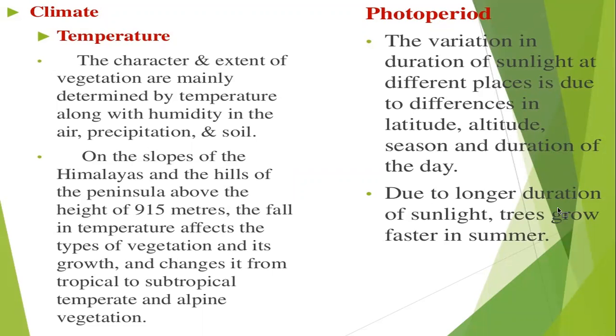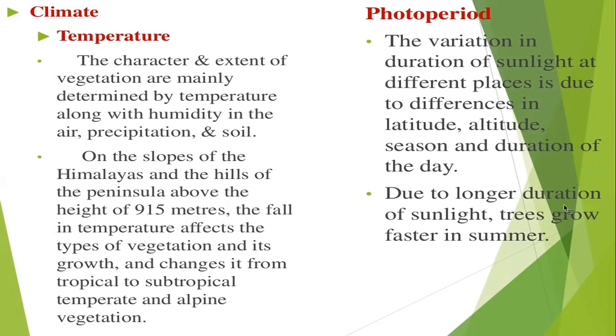On the slopes of the Himalayas and the hills of the peninsula above the height of 915 meters, the fall in the temperature affects the types of vegetation and its growth, and it changes from tropical to subtropical, temperate and alpine vegetation. So, even the temperature of the areas plays a very important role in the vegetation of the area.